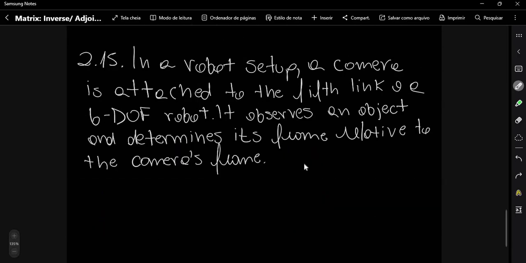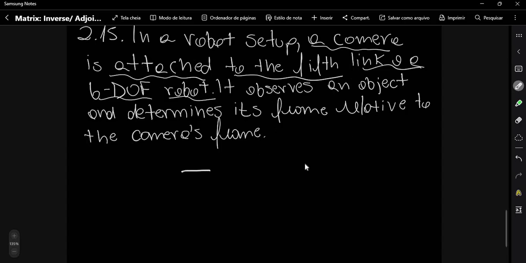So the first transformation is that one: a camera attached to the fifth link of the 6-degree robot. So it is the transformation of the camera in relation to the fifth link, and that is the first transformation.